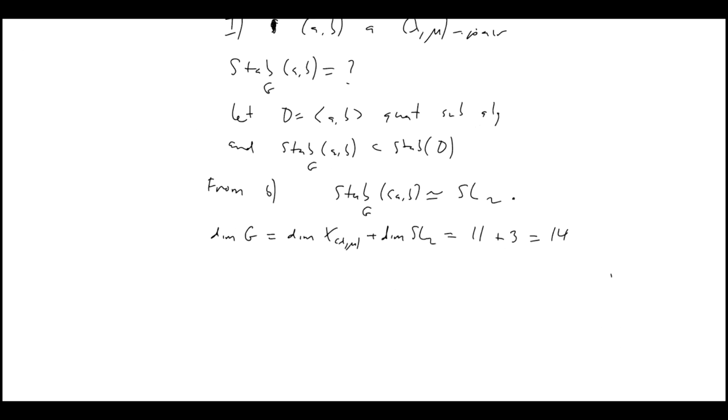Now we can also see that G is connected. We saw already from the realization as a homogeneous space of special orthogonal groups that this is connected, and we also know that SL2 is connected.